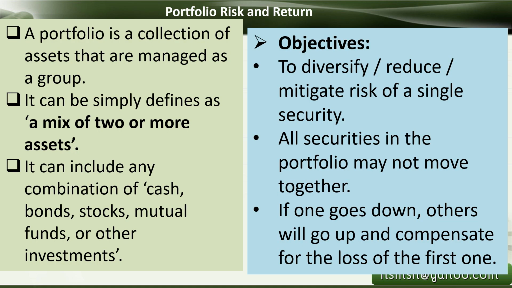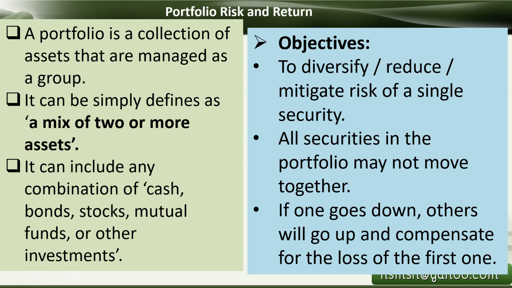So, what are the objectives? To reduce and mitigate the risk of a single security. Once we handle it as a single instrument, there may be a risk, but when we combine them together, there are a lot of possibilities of reducing and mitigating the risk by diversification. All securities in the portfolio may not move together. That is one thing we need to know.